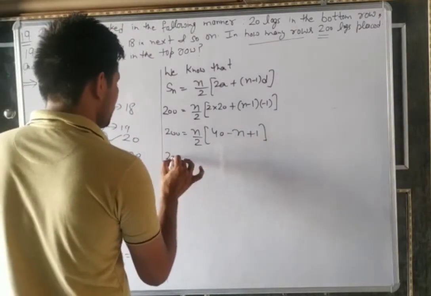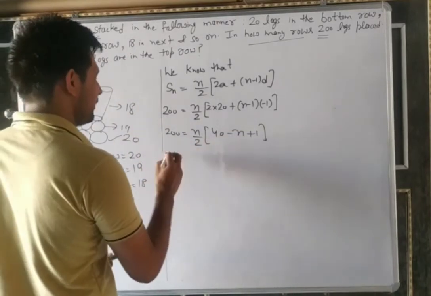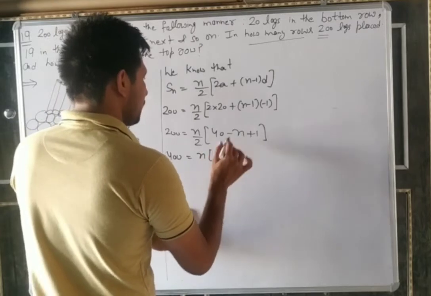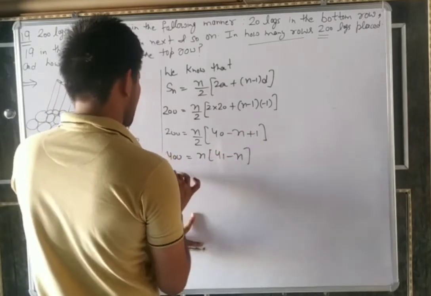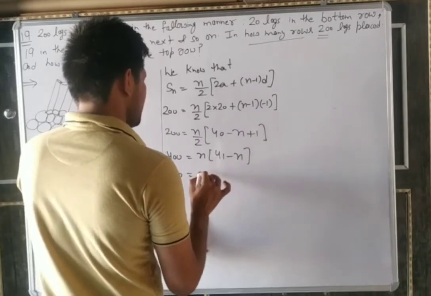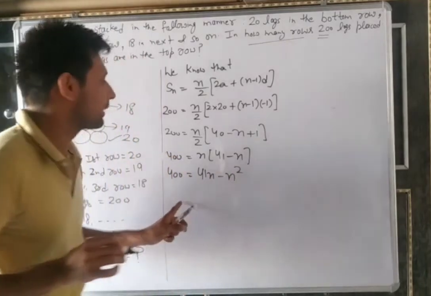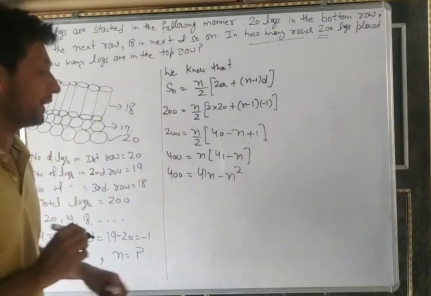So it is 200 into 2, it is 400, equal to n into 41 minus n. Multiply it: 400 equal to 41n minus n square. So it becomes a quadratic equation, and we want to find the n value.